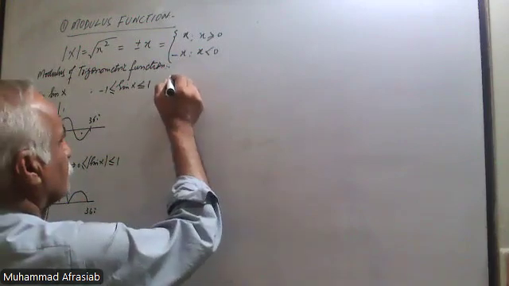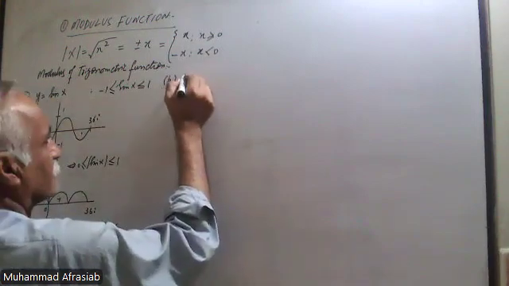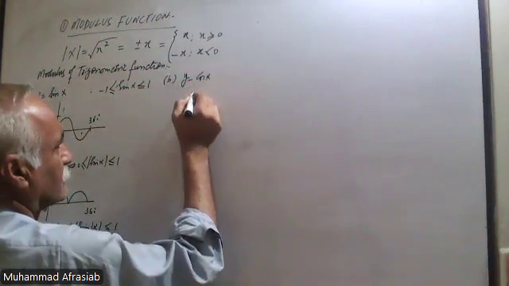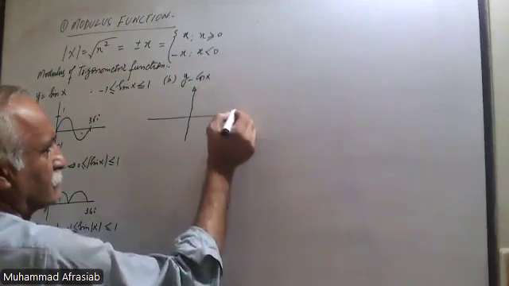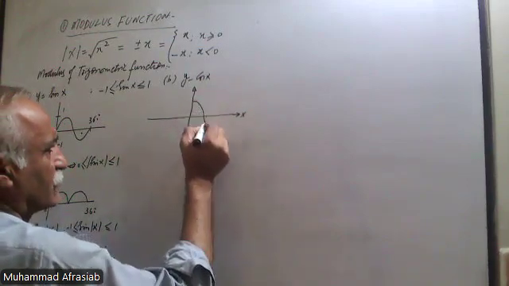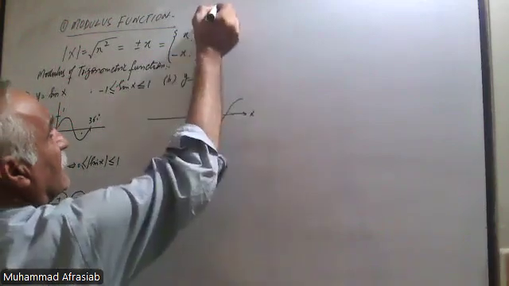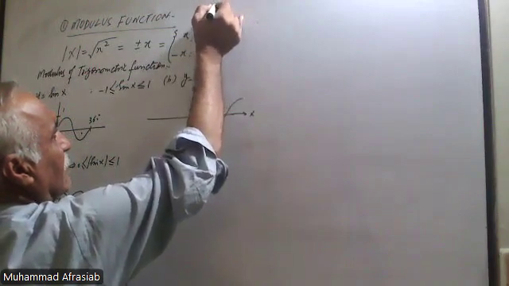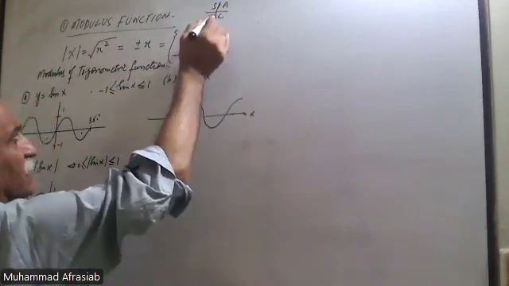Now we draw the graph of cos of x. We know where cos is positive, and you can get the help of ASTC: in the first quadrant all are positive, in the second sine is positive, in the third tangent is positive, and in the fourth cos is positive.